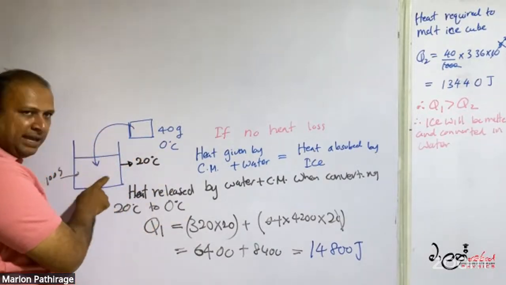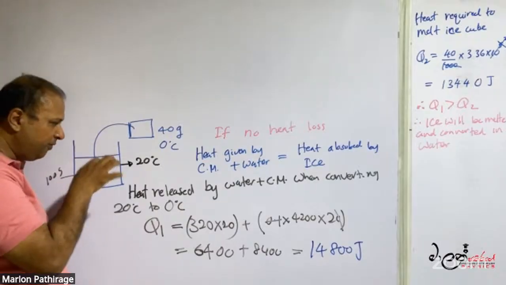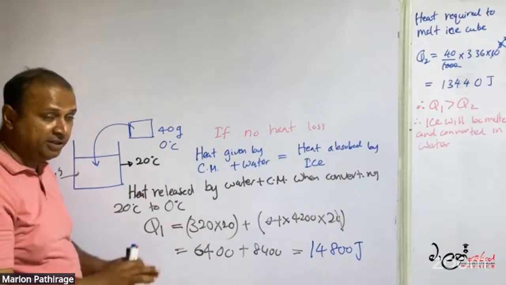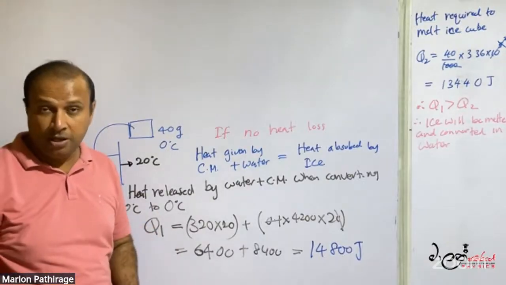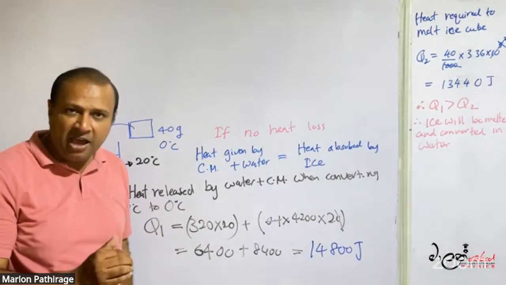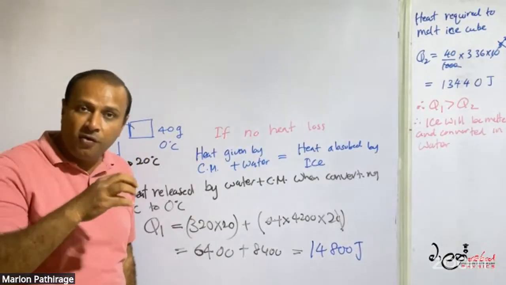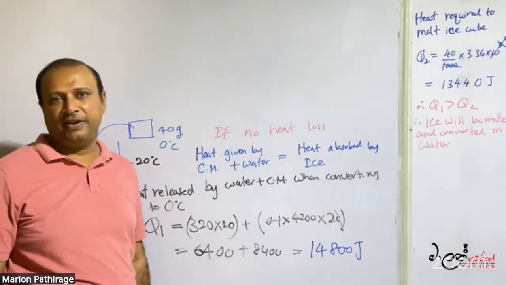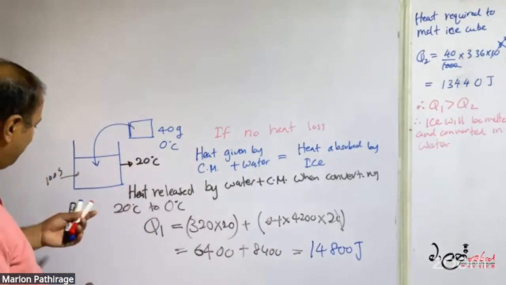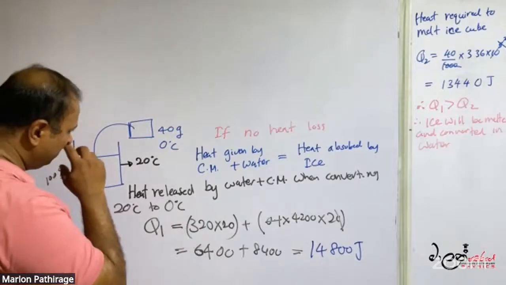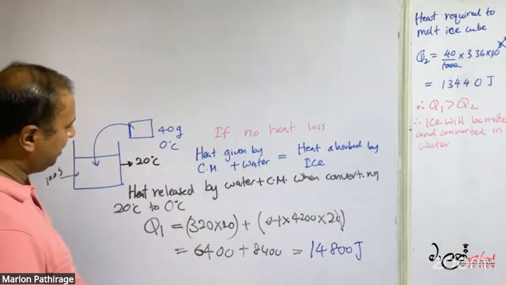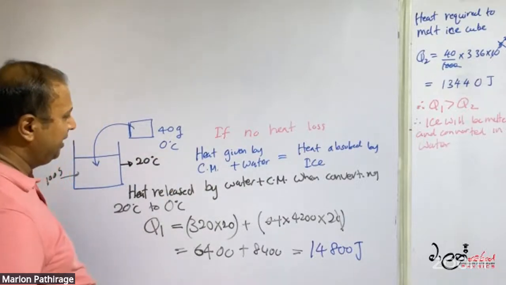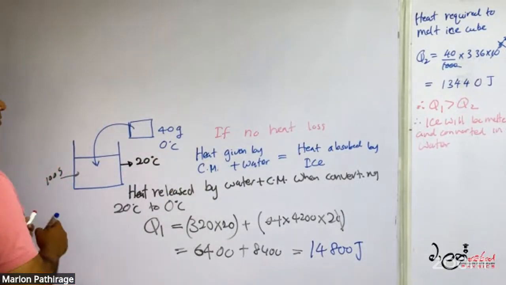Then this ice cube will be melted and converted into water at 0 Celsius. After that, that 0 Celsius water will be converted to the final temperature. Therefore, the left hand side is the heat given side, the right hand side is the absorption side.